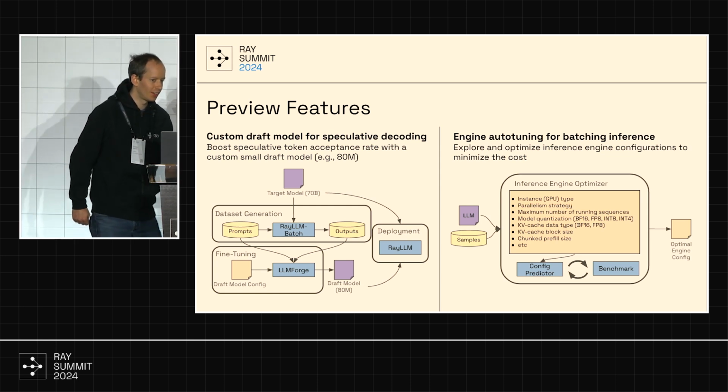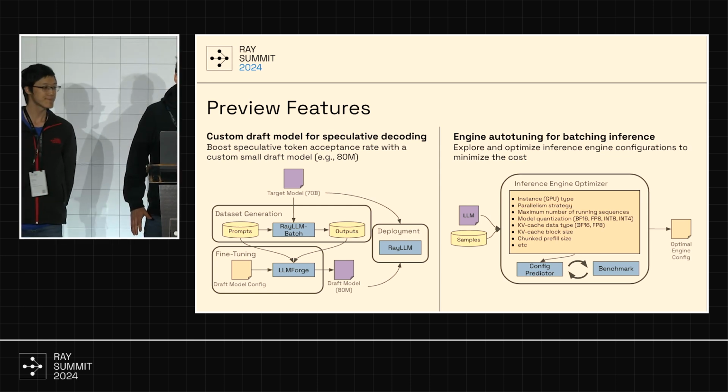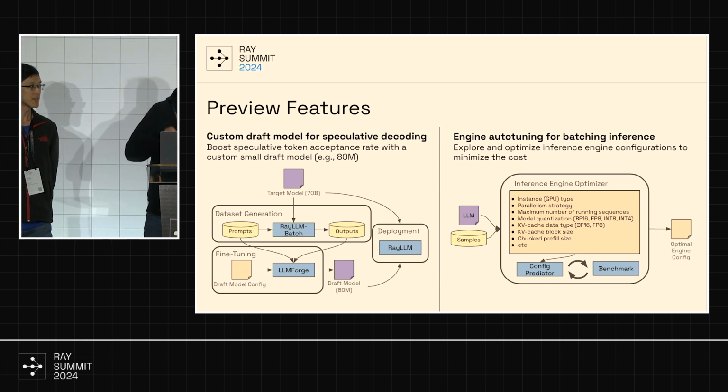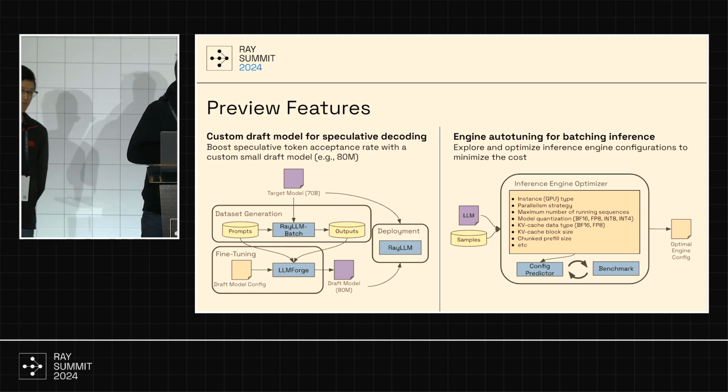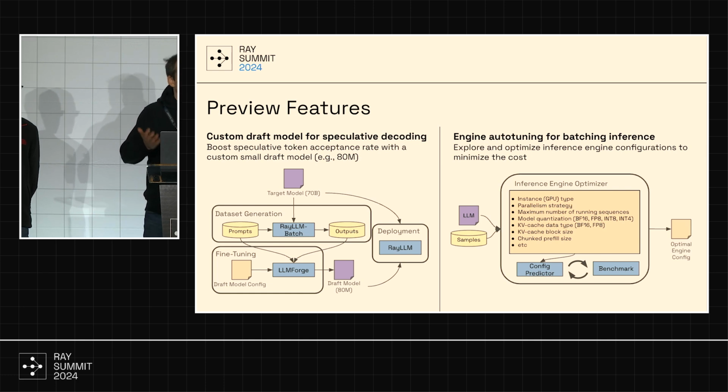For most of the optimizations we work on, we spend most of the time on quantization schemes that are as lossless as possible, like FP8. And for the inference optimizations, we use as few instructions as possible. That makes it both fast and cost effective. But sometimes there are trade-offs, like speculative decoding. If you activate that, you're going to pay more because you will have some rejected tokens and you will need to run the draft model. That's where the flexibility comes in. If the user decides that they want to take these trade-offs, then they can. But by default, we try to optimize as much as possible without too many trade-offs.